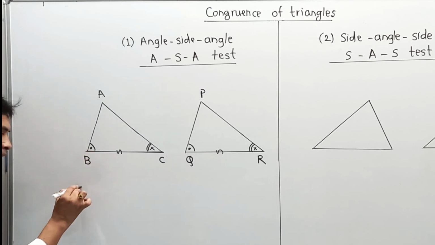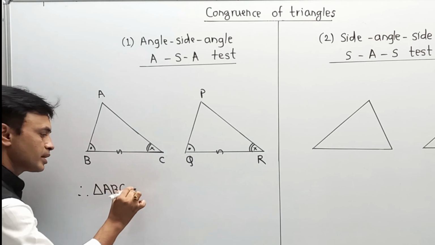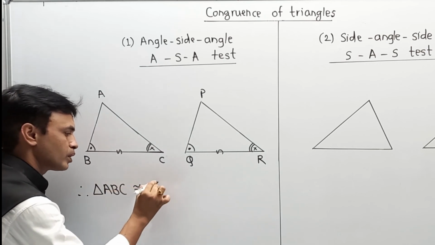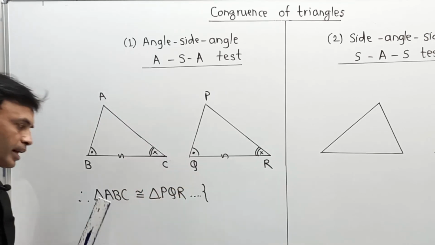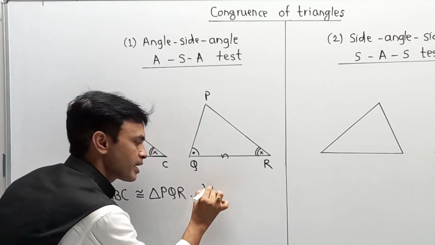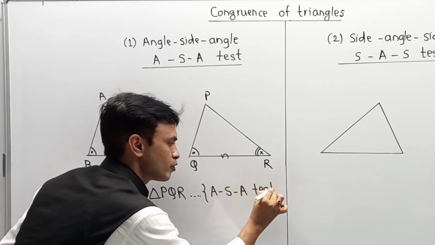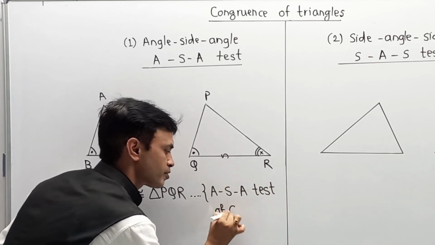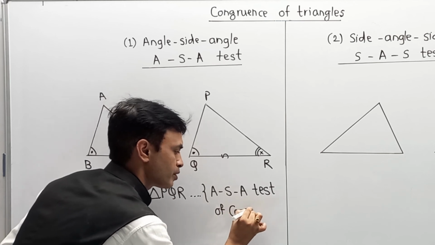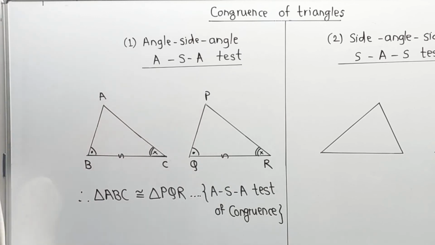Here we can write triangle ABC is congruent to triangle PQR by angle side angle test of congruency. And in this way we can indicate it.